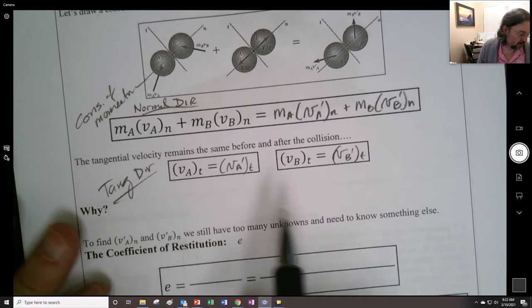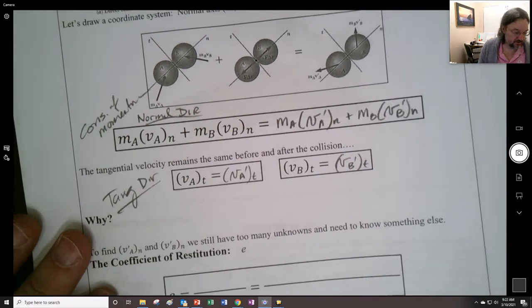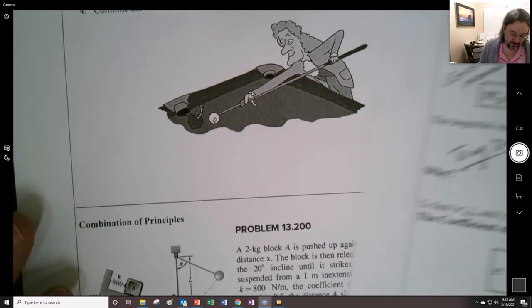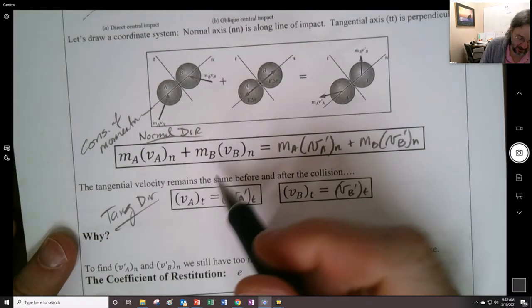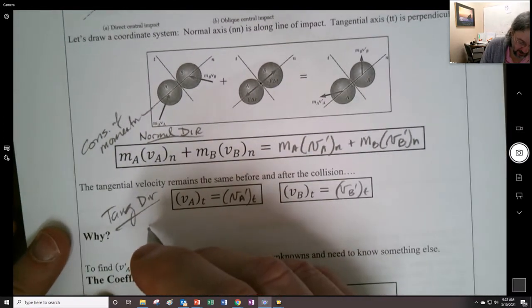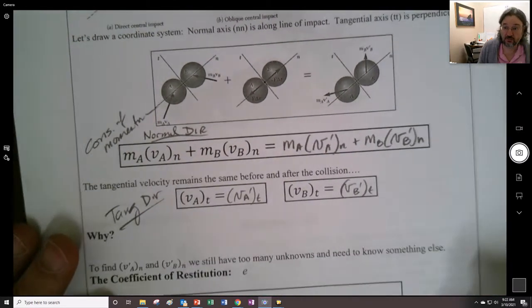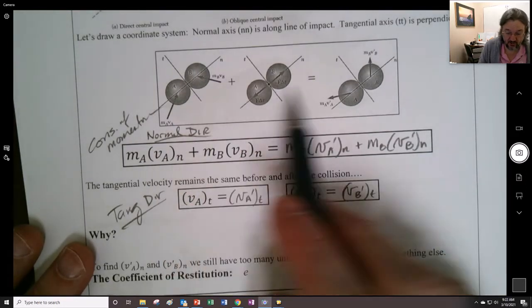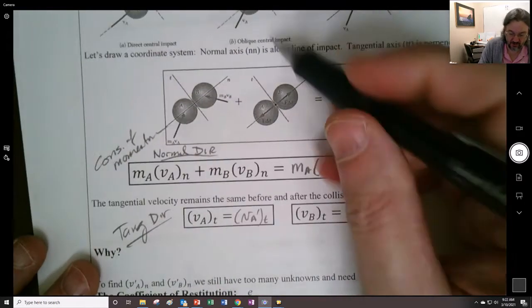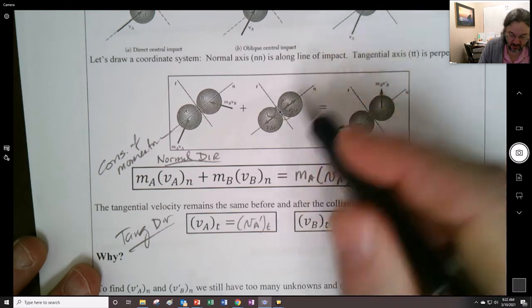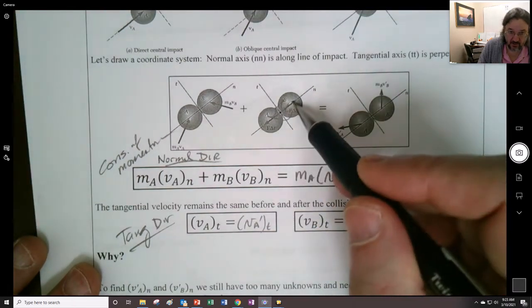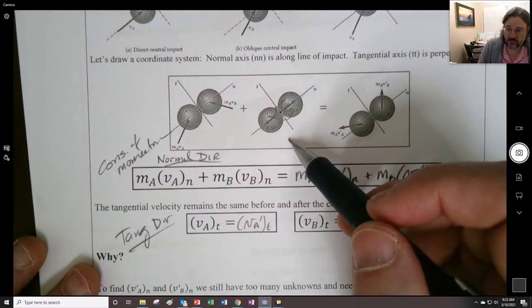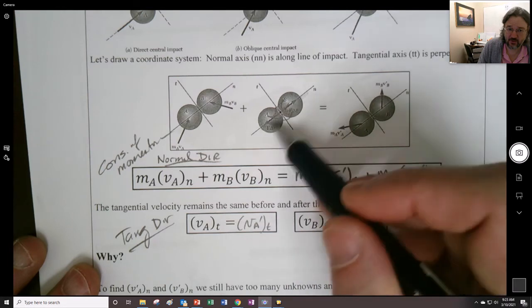Well, it's almost better to describe this. If you took this, with both particles involved, you can see that the entirety of the impulse is in the normal direction.